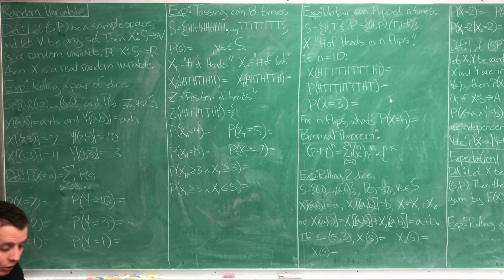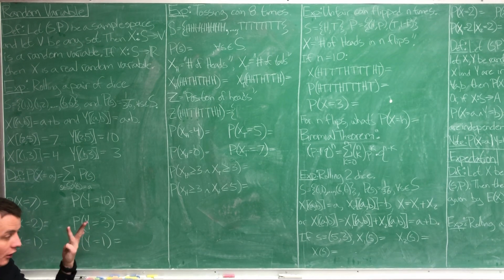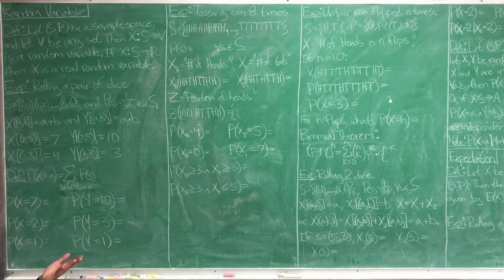How many ways can you roll so that your outcome is a 7? You can roll a 1 and a 6. They give you a 7. A 2 and a 5. A 3 and a 4. A 4 and a 3. A 5 and a 2. A 6 and a 1. You follow that? So there's 6 ways where our random variable x spits out a 7.